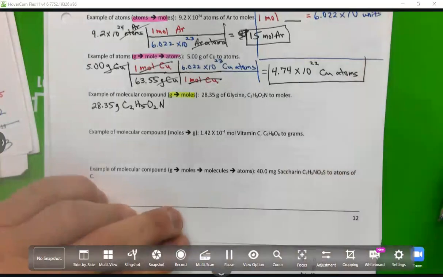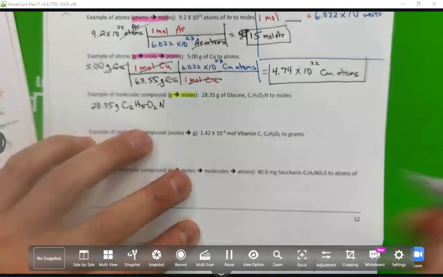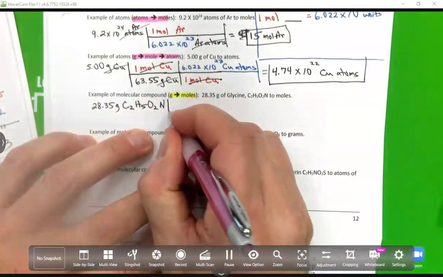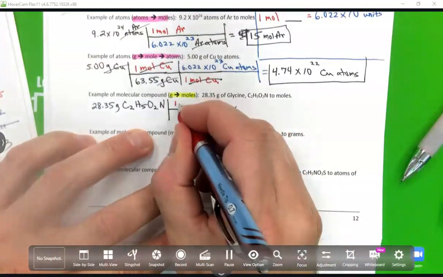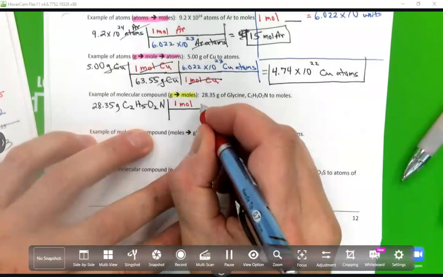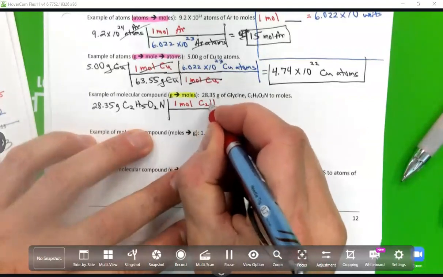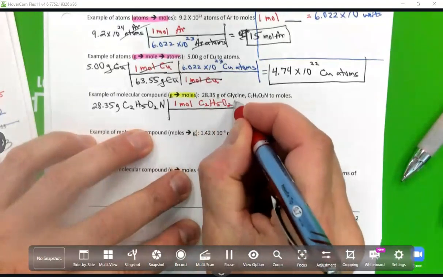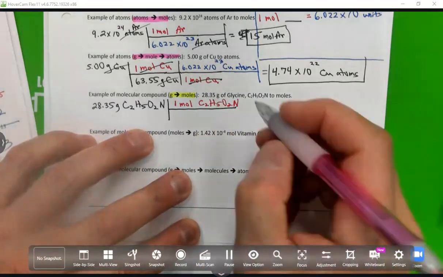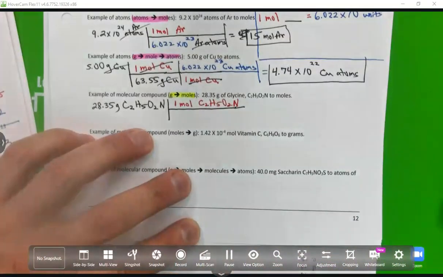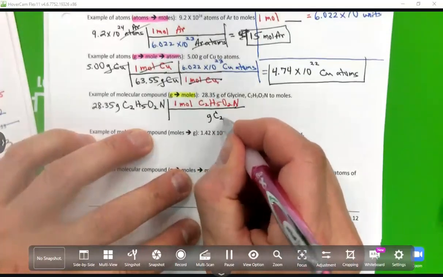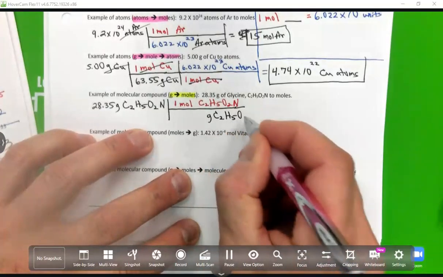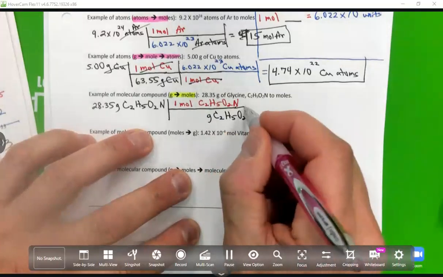We're given grams, we just need to find moles. This has to be grams of C2H5O2N.